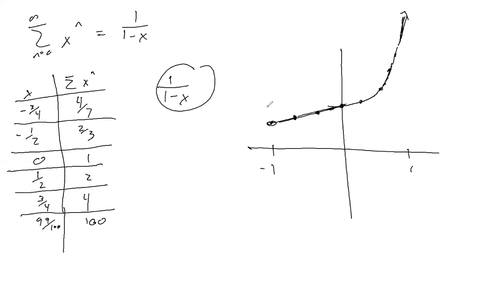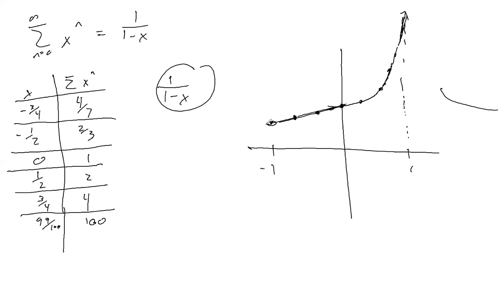Now there's a bit of a difference, right? Because 1 over 1 minus x doesn't exist. It's not defined at 1, right? So it would break right here at 1, but then it would exist over here. So this 1 over 1 minus x would exist over here, so maybe it looks like that.